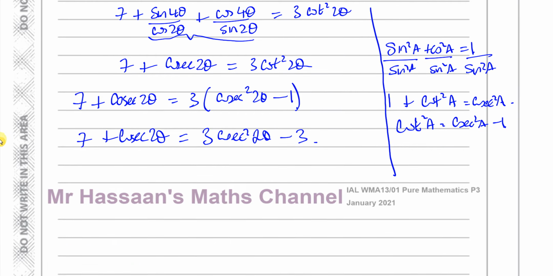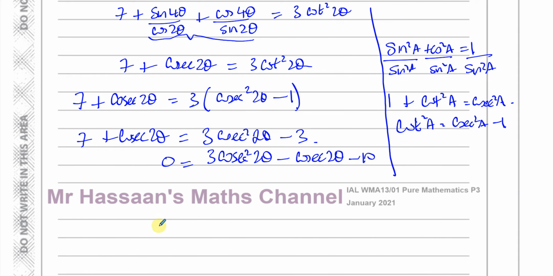So I'm going to bring everything on this side. So I'll put 0 here. I'll keep this term positive. So 3 cosec squared 2 theta minus cosec 2 theta. And you have minus 3 minus 7, which is minus 10.